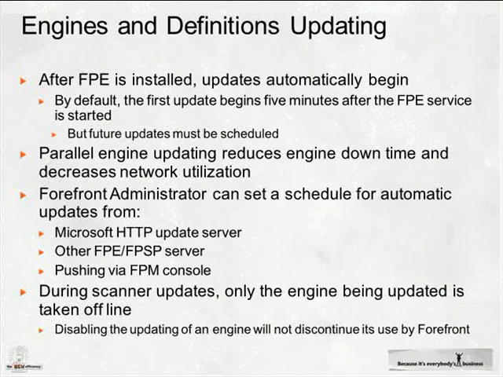You should expect to see definition updates occur frequently, but not the engine updates. Nevertheless, an update check for both is done at the frequency and repeat interval that you have specified. If no new files are available, nothing is downloaded for that engine during that update cycle.